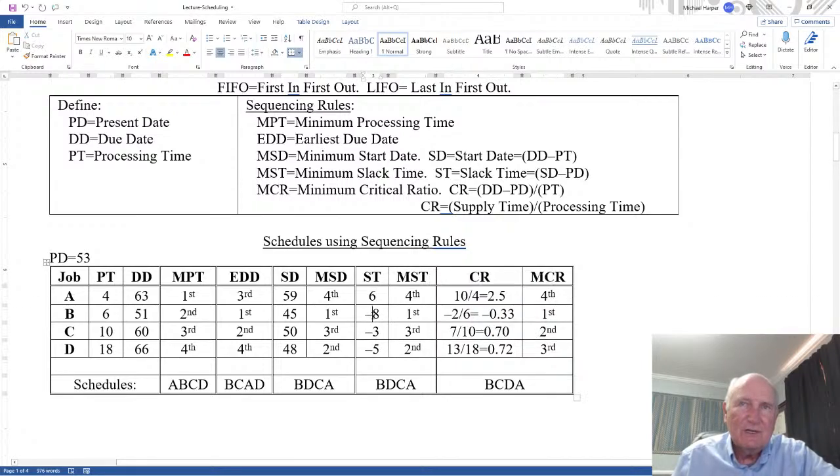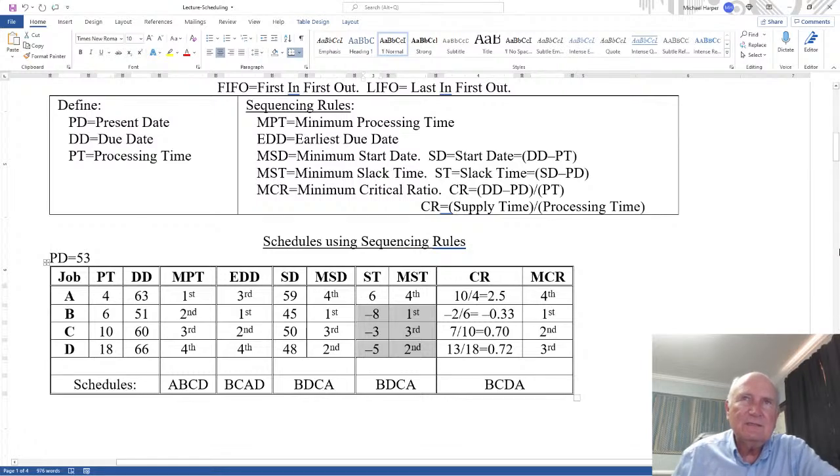The only way you can have any job on time or early is scheduling A first, because if A is scheduled first, it'll be on the present date, and it'll be 6 days early. But all the others are going to be late. That's a horrible scheduling problem. You'll be doing a lot of expediting or calling people saying, sorry, it's going to be late. But I devised this just to illustrate the numbers.